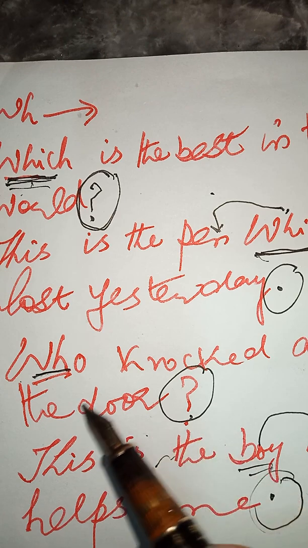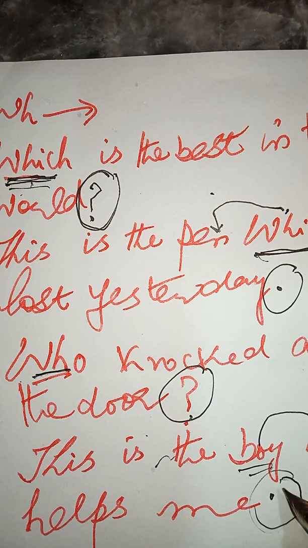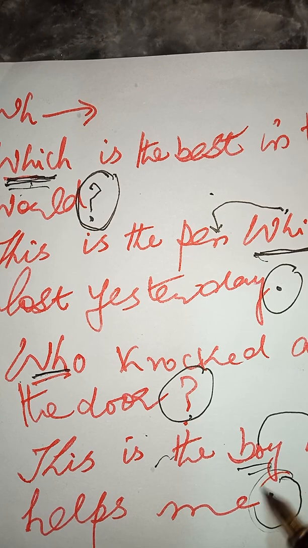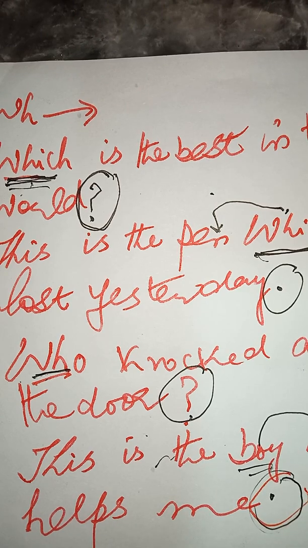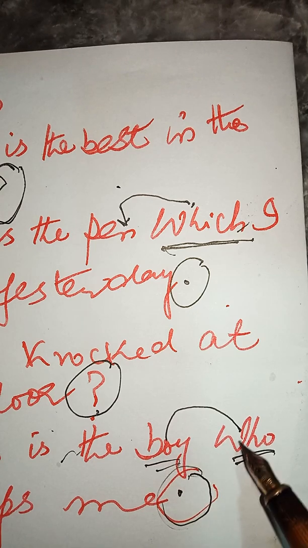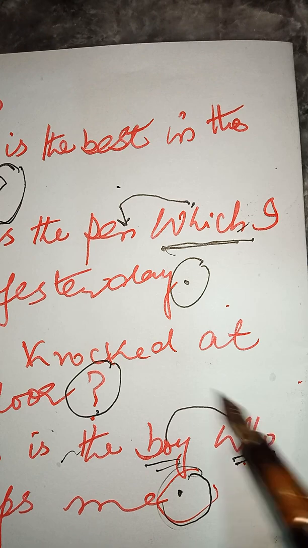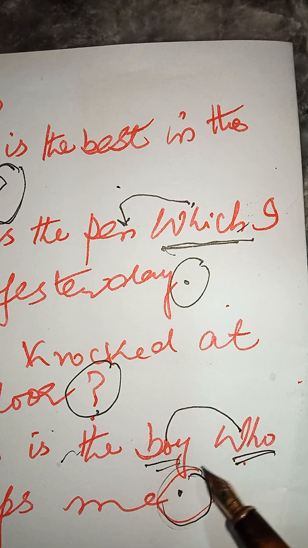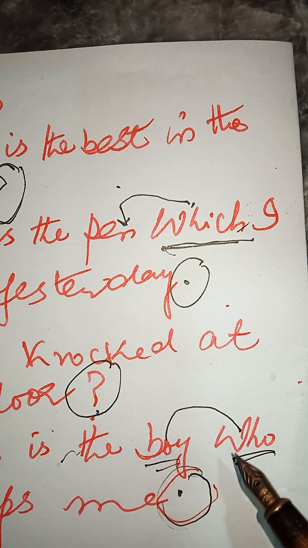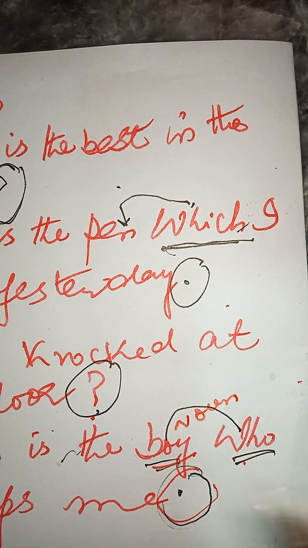But the same word, with the same spelling and shape, if it does not ask a question and at the end there is a full stop, like who in this sentence, then it is not asking a question, it is showing a relation. It is a relative pronoun, explaining the word boy. This is the boy, the noun, and who helps me.